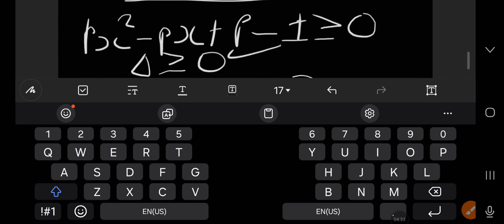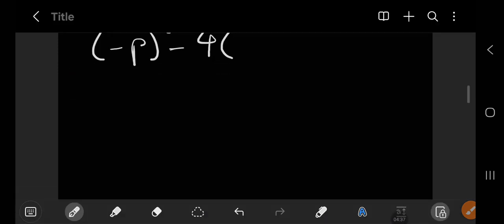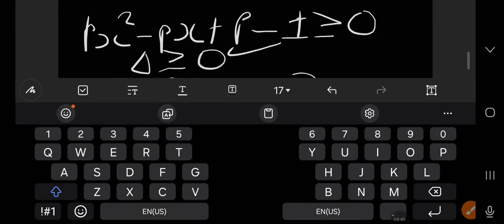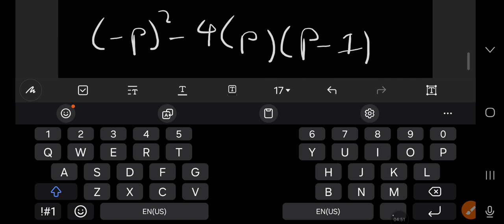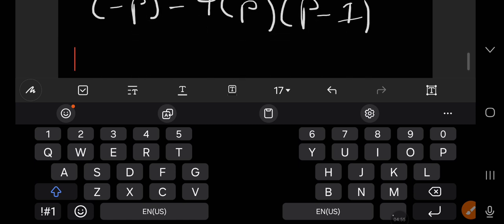Now our a is p. Let me just confirm that it's actually p. Yes, it's p. Close bracket, and then our c was p minus 1. Let me confirm that: yes, it's p minus 1, and b is negative p. Okay, that's good. Now it makes sense.